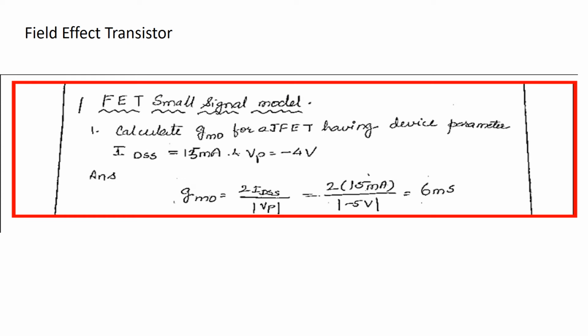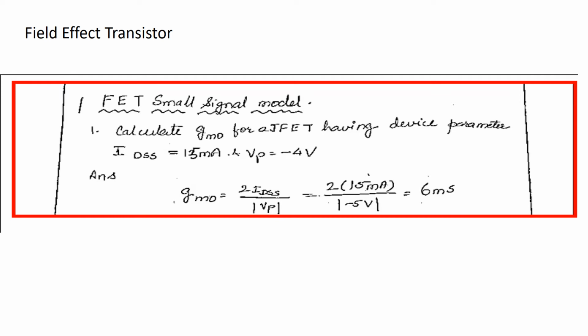So field effect transistor, consider a small problem. Calculate the input transconductance for a junction field effect transistor having device parameter IDSS equal to 15 milliamperes and a pinch-off voltage of minus 4 volts.